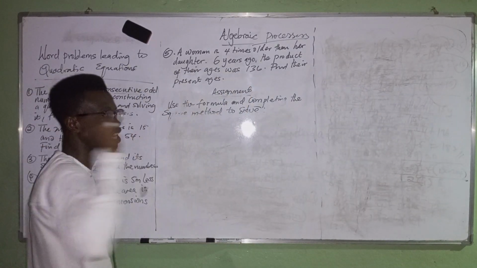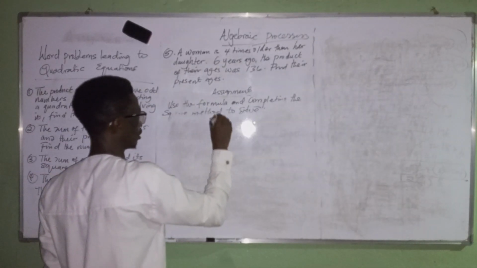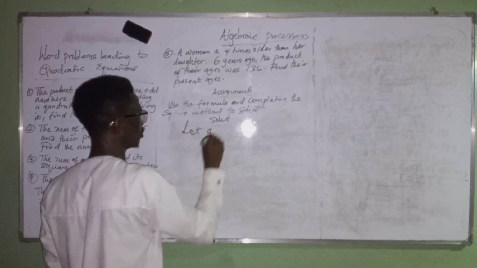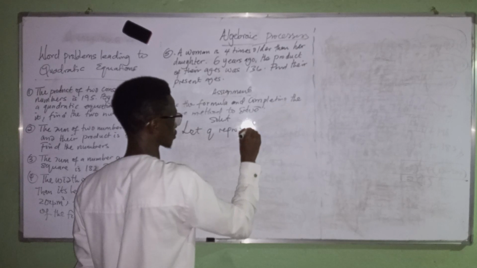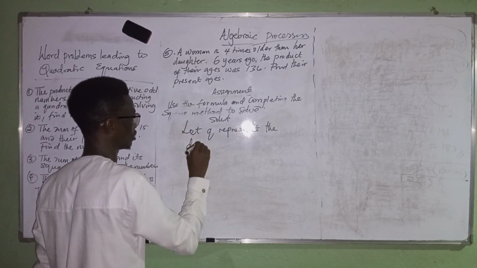So because we don't have any information about the daughter, we let something. So we say let Q represent the daughter's age.